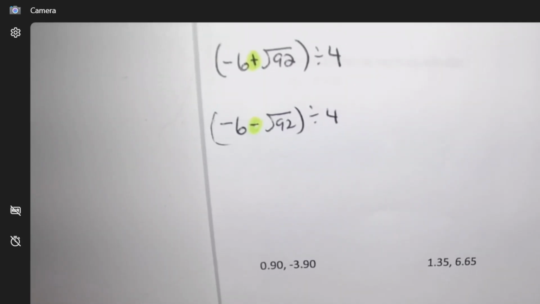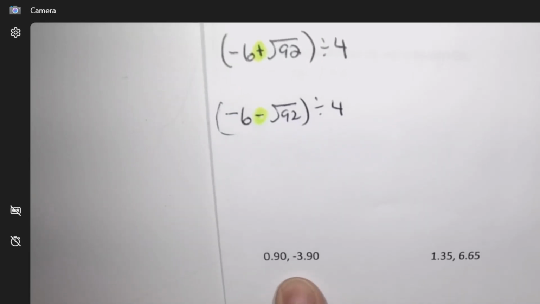And then can you peek at the bottom? Because I think I put the answers on your paper, did I? You have little answers down there? Did you get x to be 0.9?